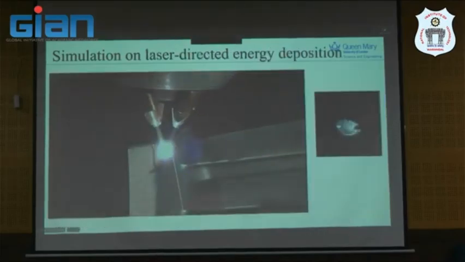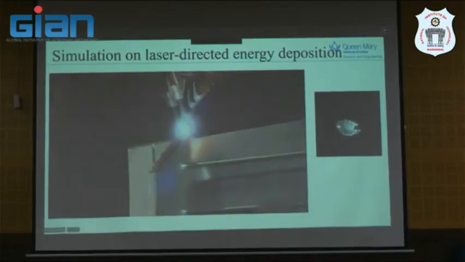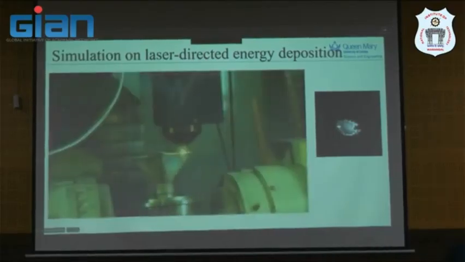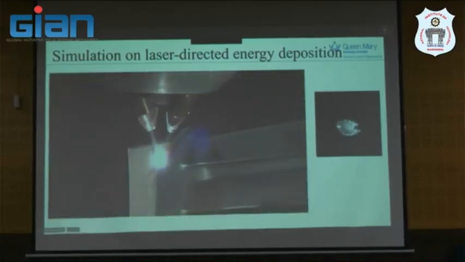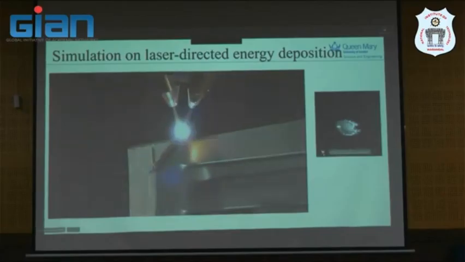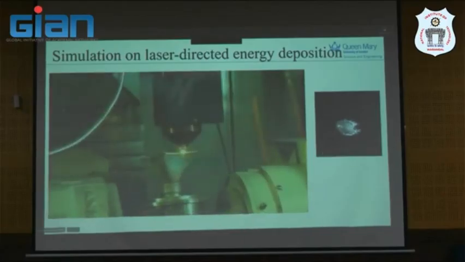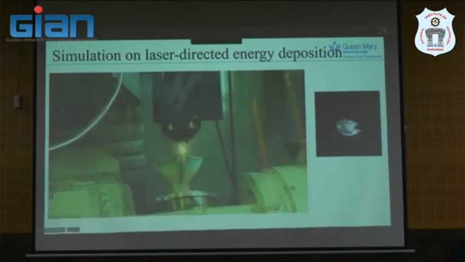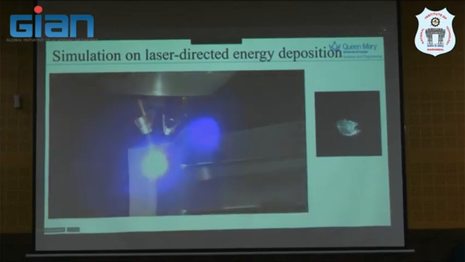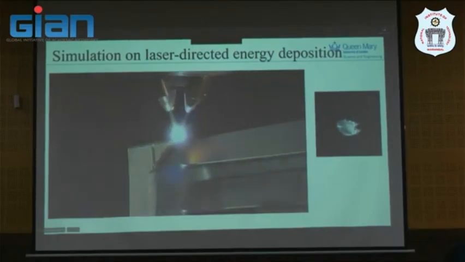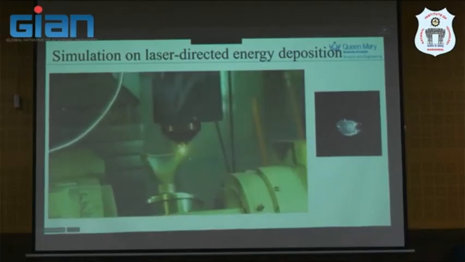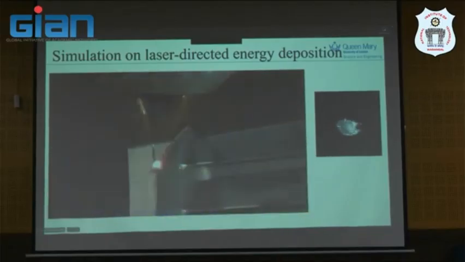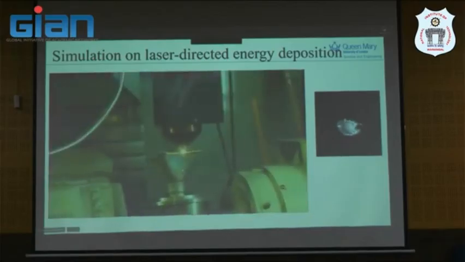And another additive manufacturing process is laser directed energy deposition. It uses a focused laser beam to melt metal and deposit material, typically metal powder or wire, onto a substrate to create parts layer by layer.